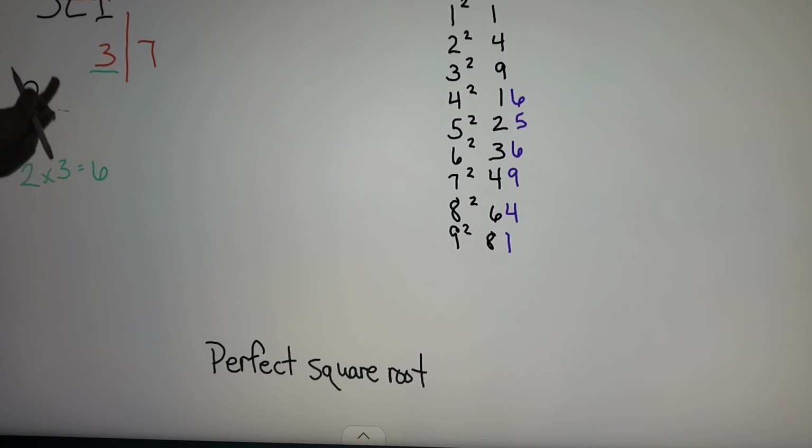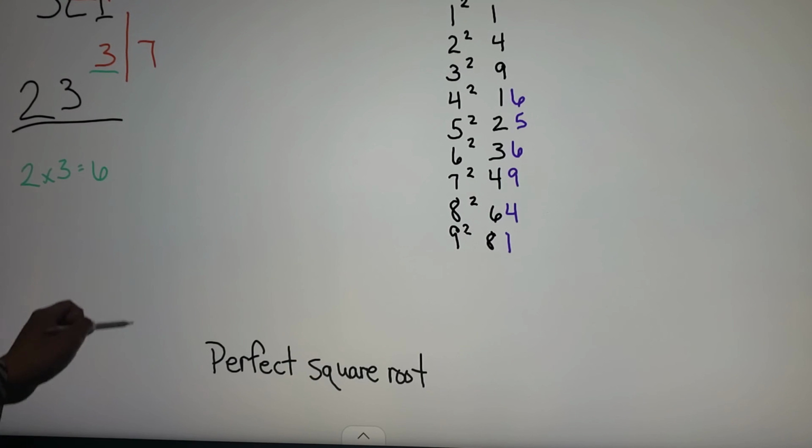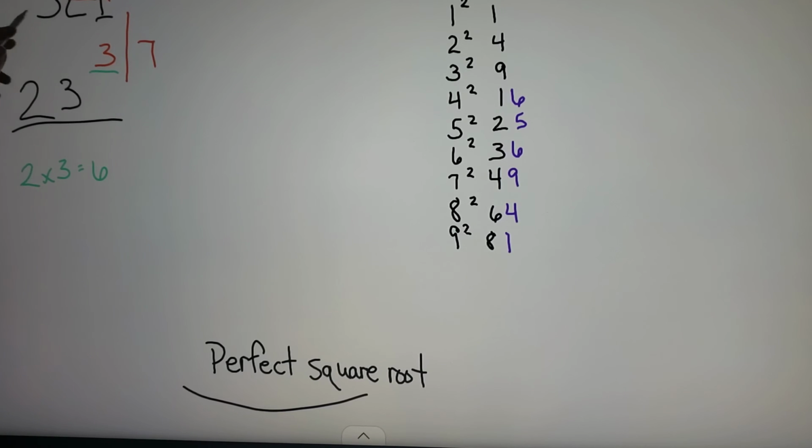And so our answer is 23. Now take a moment, pause, and try this technique on your own. You'll find that in order to find a perfect square root, you can use this easy trick to solve it. Good luck.